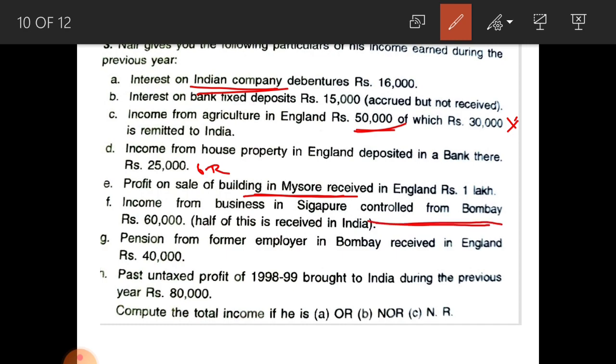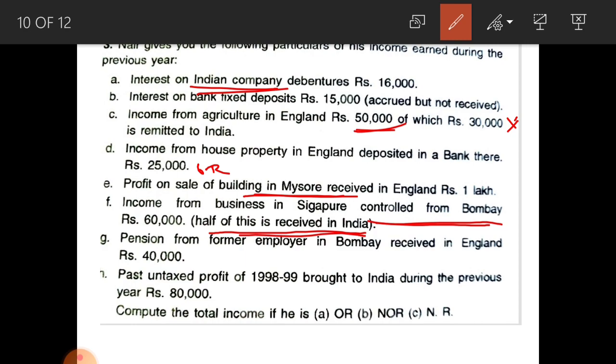Bombay is situated in India. Only a non-resident must pay tax on half of the amount, that is on rupees 30,000, because half of this is received in India. That is why a non-resident has to pay tax on 30,000, and an ordinary resident and a not ordinarily resident must pay tax on 60,000 rupees.